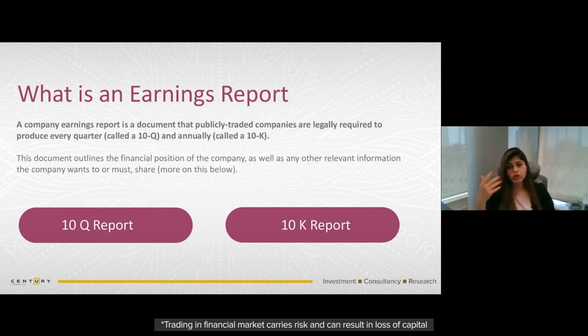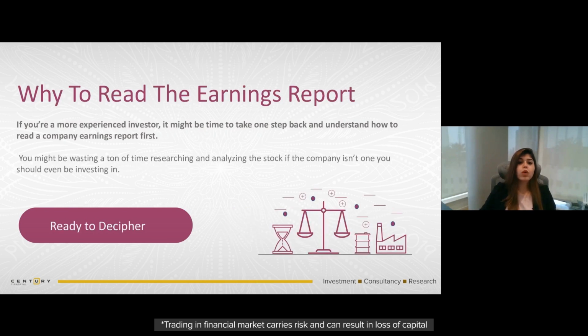When a company reports their earnings, they basically come out with quarterly reports as well as with an annual report. So every 4 months, the company will be reporting their earnings, and the quarterly reports are called 10Q reports, whereas the annual report is called the 10K report. So when it comes to the earnings, why is it necessary that we need to read the earnings report?